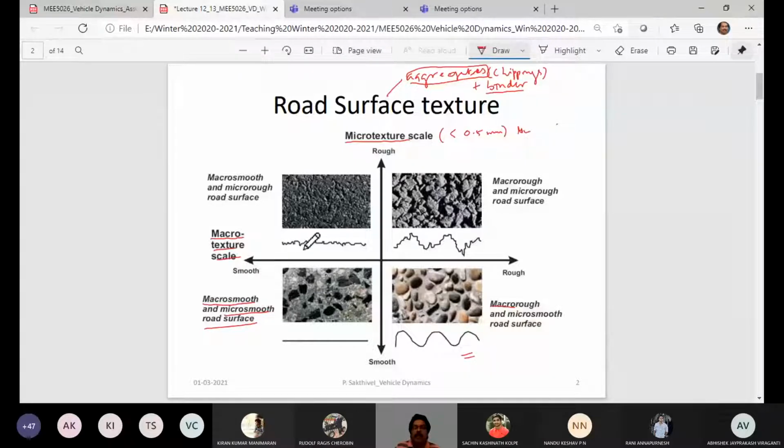The undulation is very randomized, and from the ideal flat surface the peaks are very small. Sharp peaks will be there, but they are almost the same. This is what is most preferred for highway road surfaces.